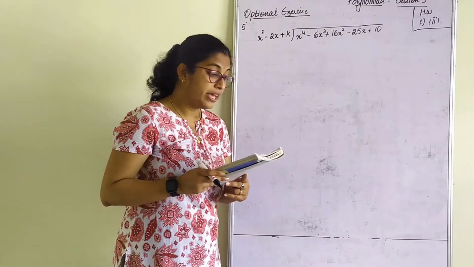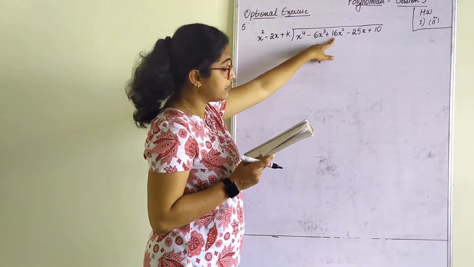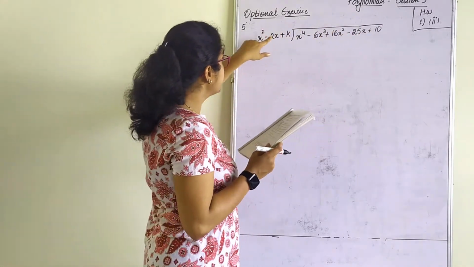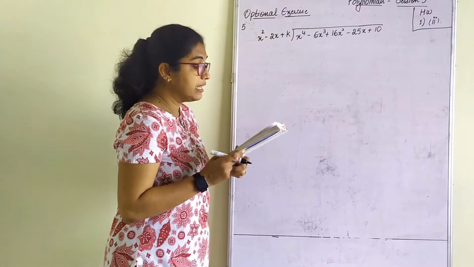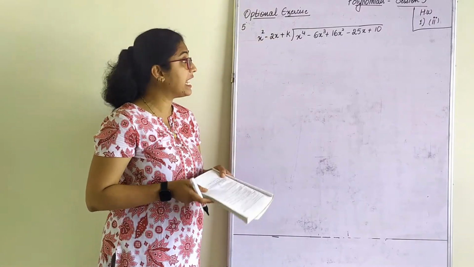Fifth one: if the polynomial x raised to 4 minus 6x cubed plus 16x squared minus 25x plus 10 is divided by x squared minus 2x plus k, the remainder comes out to be x plus a. Find k and a.